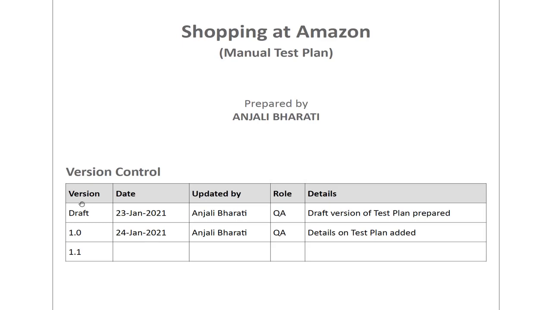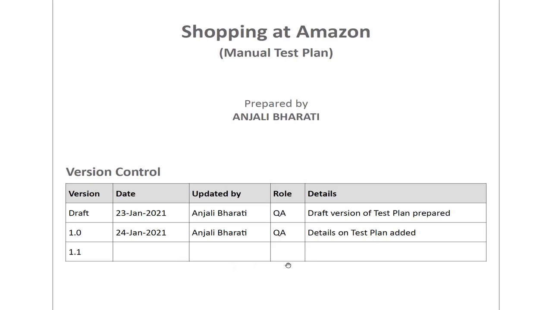Here you can write the steps, version, date, updated by, roles and details. In the details you can write who will update that test plan documentation and what changes they have done. So you can write here the version 1.0, 1.1 and so on.